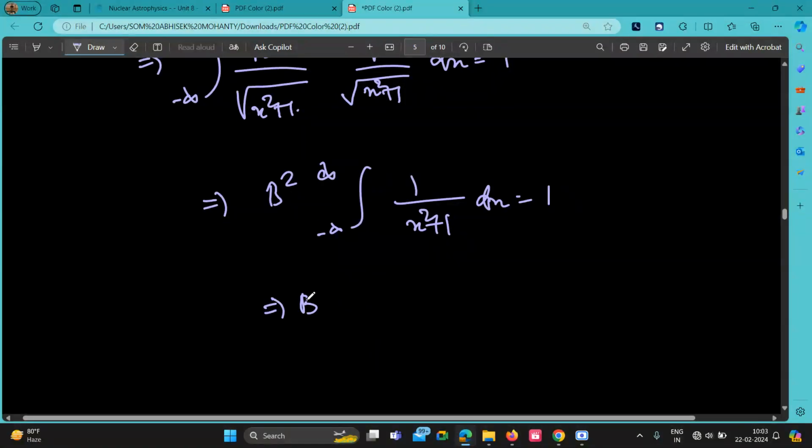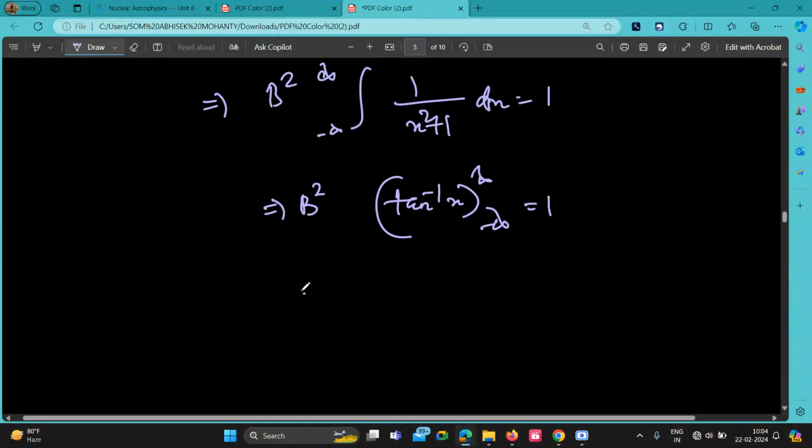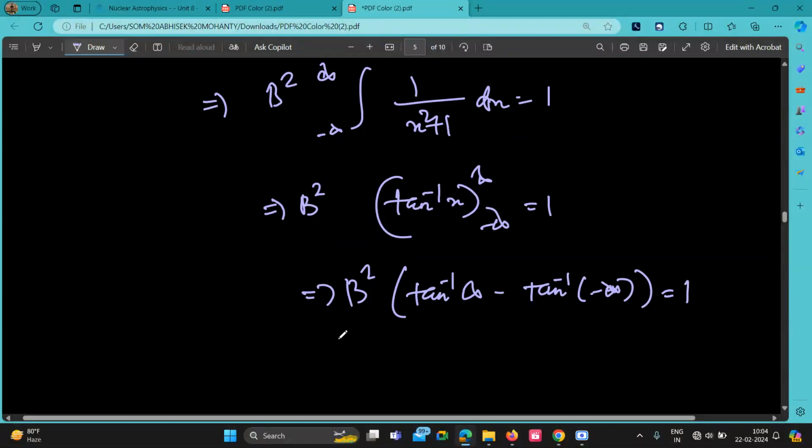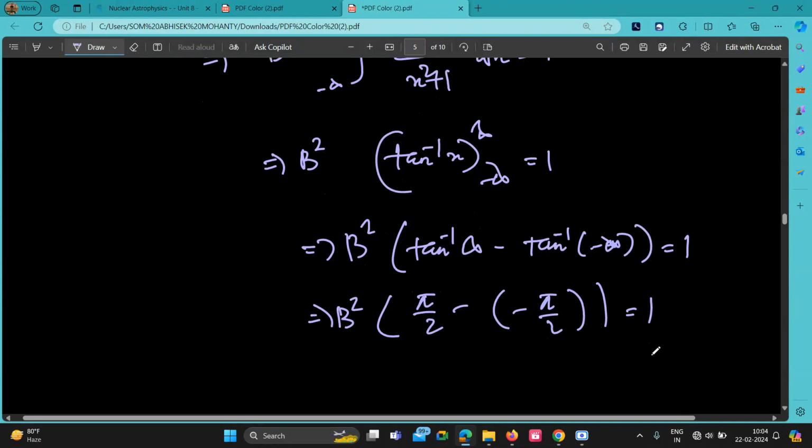Integration of 1 by (x square plus 1) is tan inverse x. So b square times tan inverse infinity minus tan inverse minus infinity is equal to 1. Tan inverse infinity is pi by 2, because tan pi by 2 is infinity, minus tan inverse of minus infinity, which is minus pi by 2, is equal to 1.